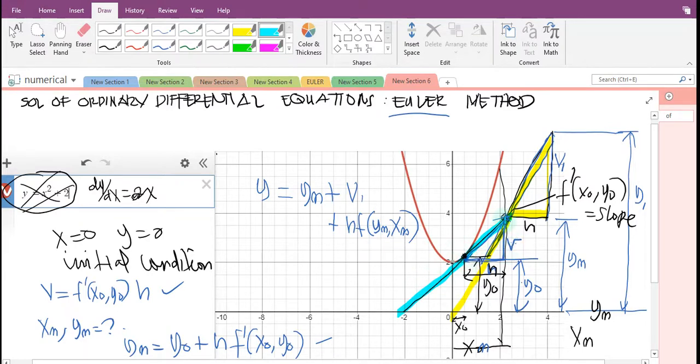From here, we jumped here, then we draw another line. Although it looks far in the drawing, when the step is very small, the tangent lines are almost touching the original curve.